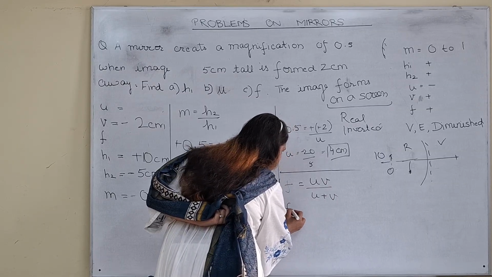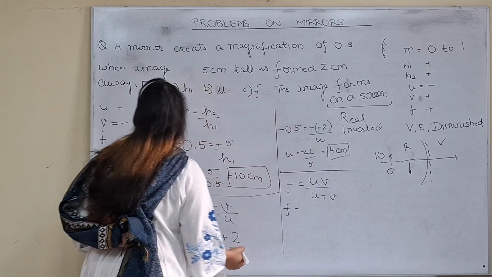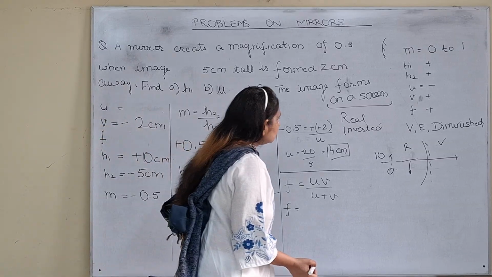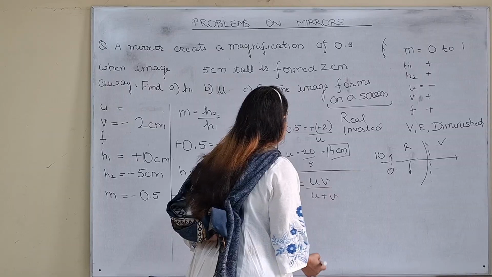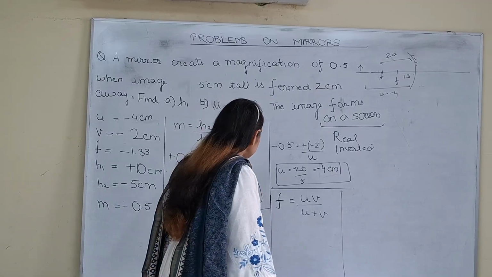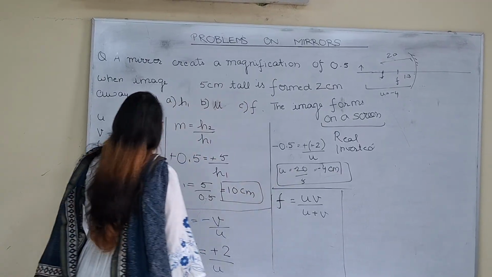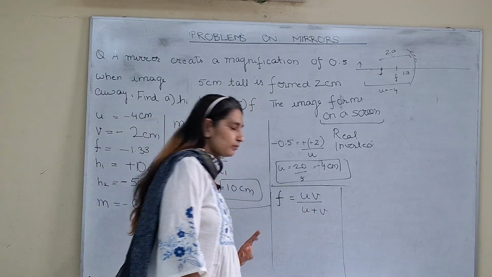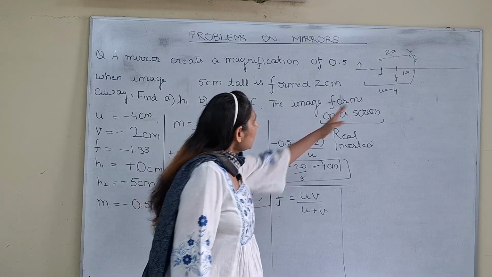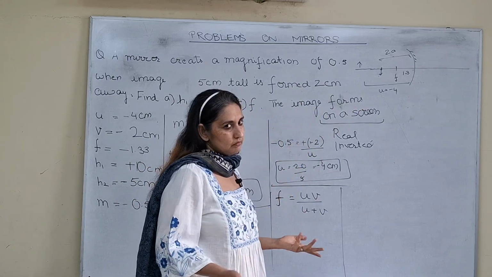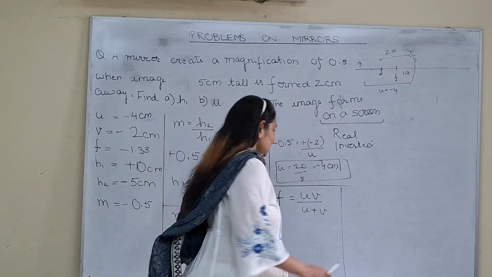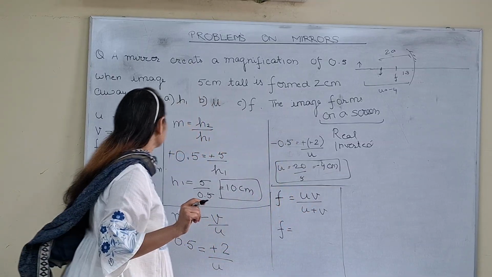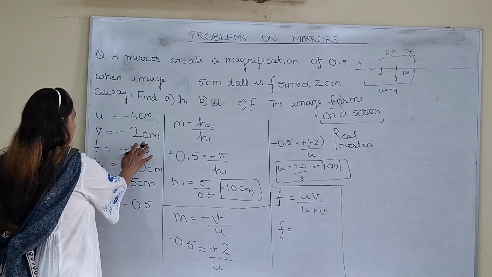Okay. So focal length is... U we found. So we had found U and now I've written it as -4 centimeter. Now all we are left with is focus. Focus has to be on the left side because it's a concave mirror. So let's put the values and see if we get it or no. U -4, V -2.